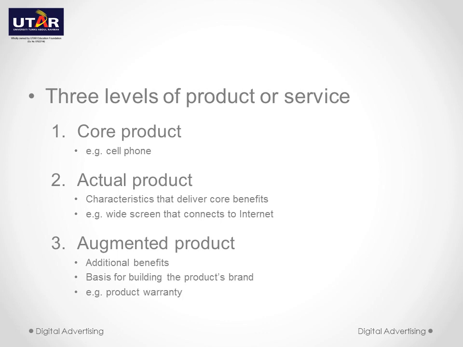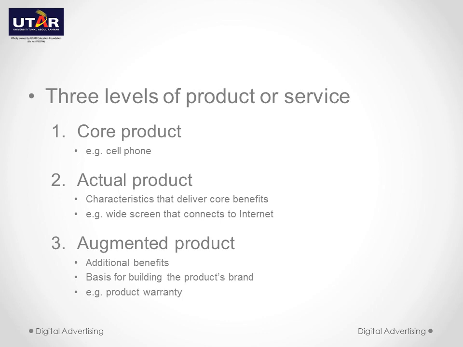It delivers the core benefits, something that actually brings a benefit, like a widescreen that connects. So it is extraordinary, something very useful. Rather than just having the product, the actual product claims to deliver the core benefits.